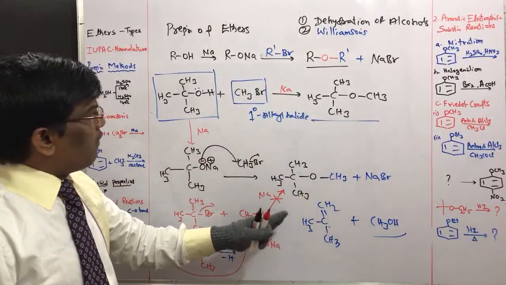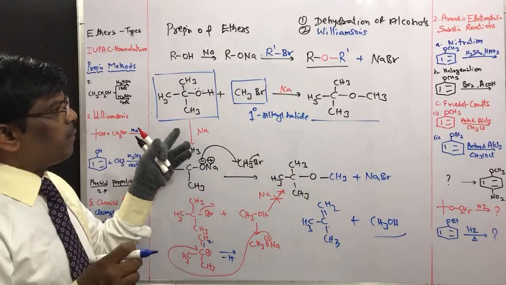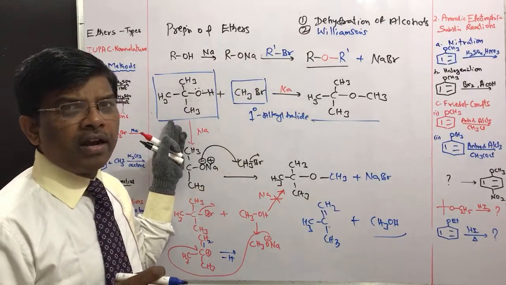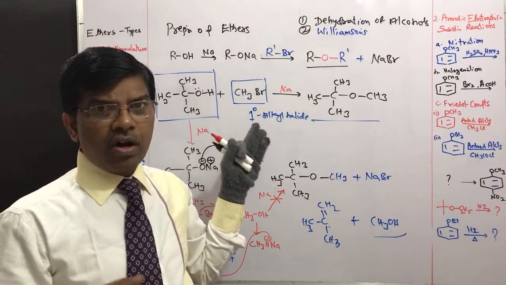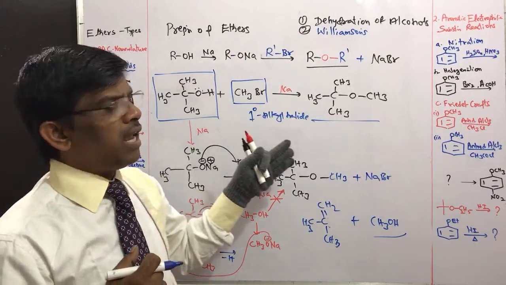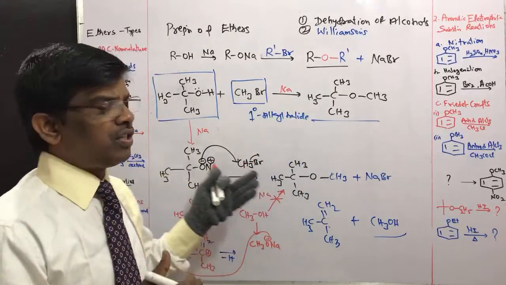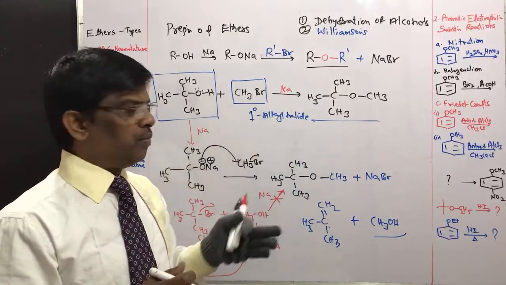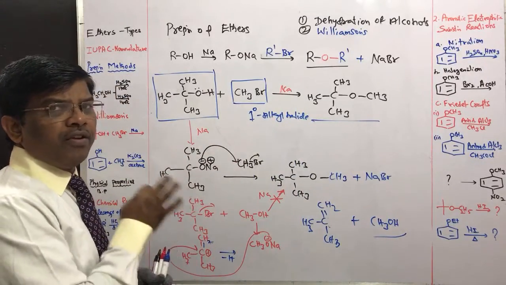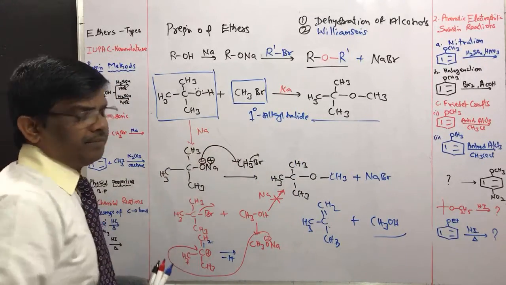So the wise method of preparation in this Williamson synthesis is to choose the alcohol part as tertiary or secondary if you want to make these types of ethers. Otherwise, if you want to make symmetrical ethers, no question, you can take any of these and do it. Yes, students. So let us take one aromatic example and you will come to know what I am saying.